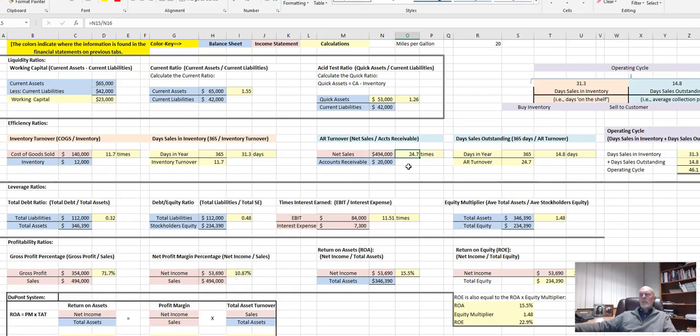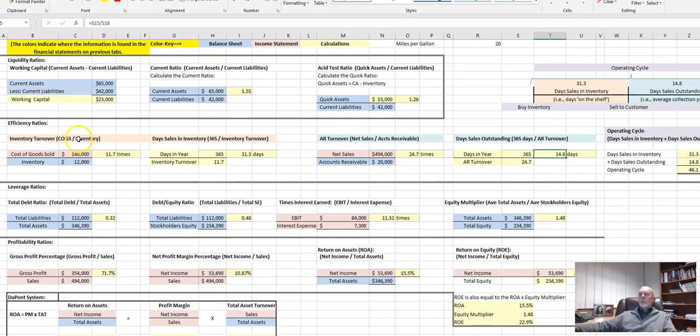I say in the year because that's the time period that these sales were collected over. So if it was turning over a little over 24 times a year, that's like twice a month. That's pretty quick turnover. Divide that into 365, and that's an average of 14.8 days per turn. That would be your average collection period.